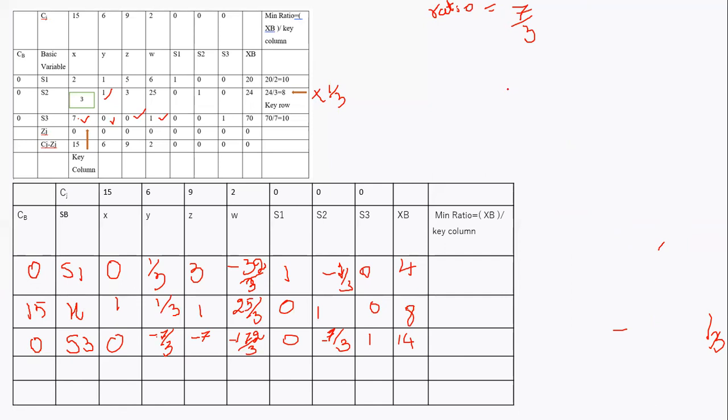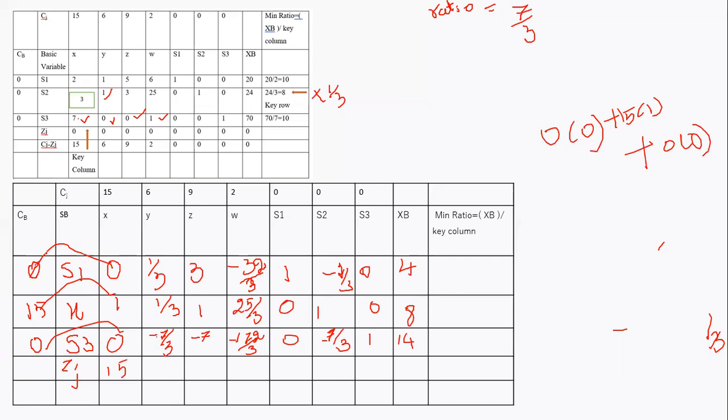How do we find Zj? Next, I am supposed to find Zj. How we find this Zj? It goes like this. 0 into 0. First one I will show, it is 0 into 0 plus 15 into 1 plus 0 into 0. Same process with respect to the other columns also. Therefore, here I'll be having 15.